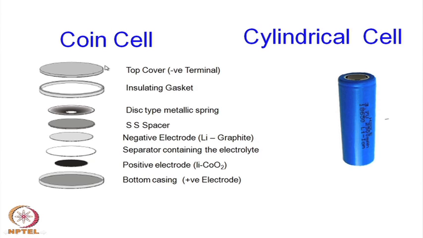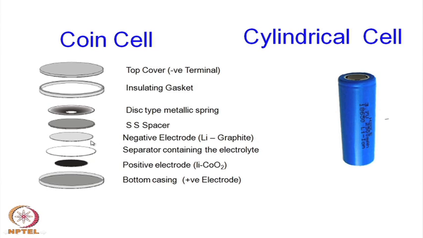So this becomes your negative terminal, this becomes the positive terminal, and in between you have an insulating gasket, which electrically separates the top cover and the bottom casing. So that is how one makes a coin cell, which is extensively used in many electronic gadgets or electronic devices.